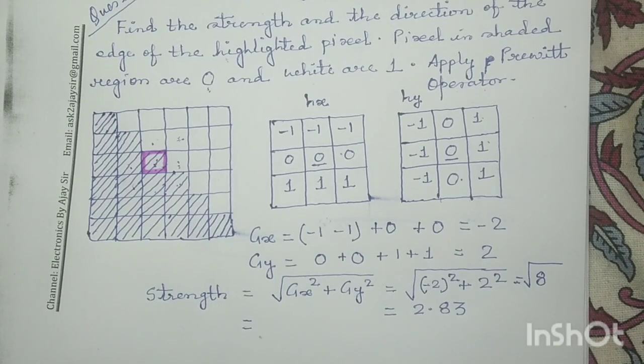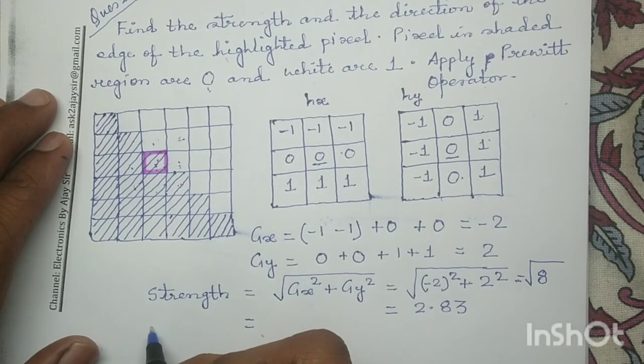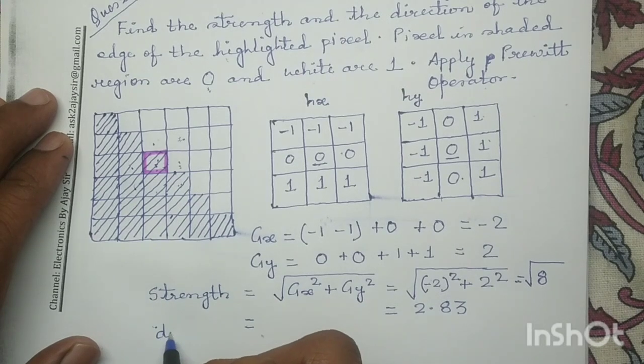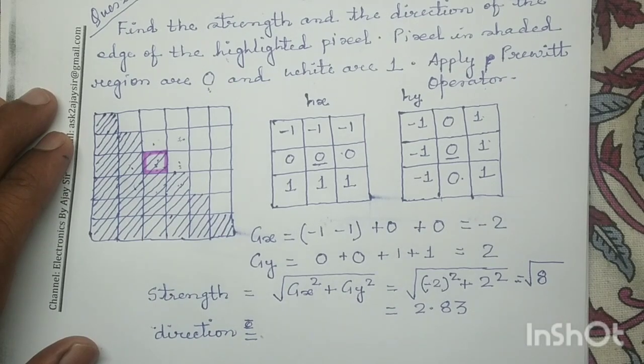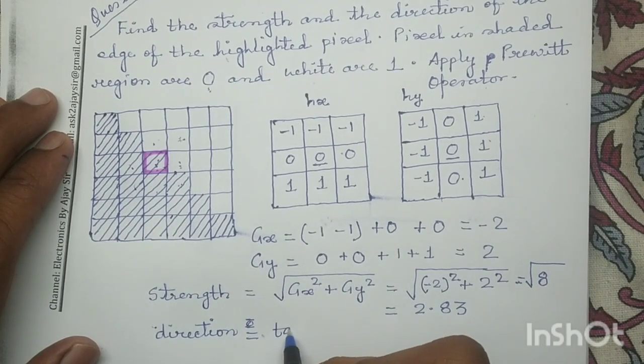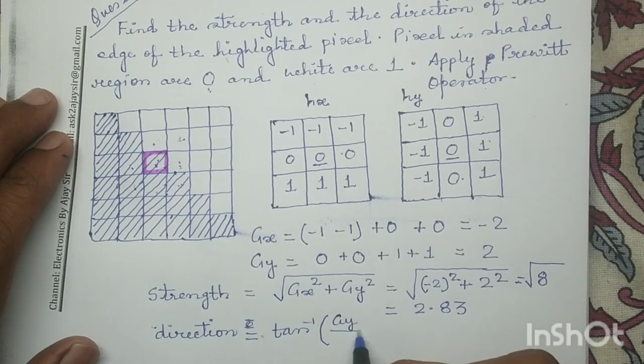Next, we have to determine the direction also. The formula for direction is tan inverse of gy by gx.